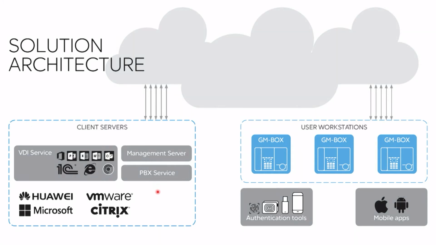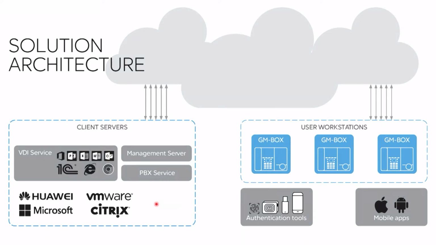It's not shown here, but you should have DHCP and network services that allow you to do IP distribution and give IP addresses to the devices, and other typical network services.